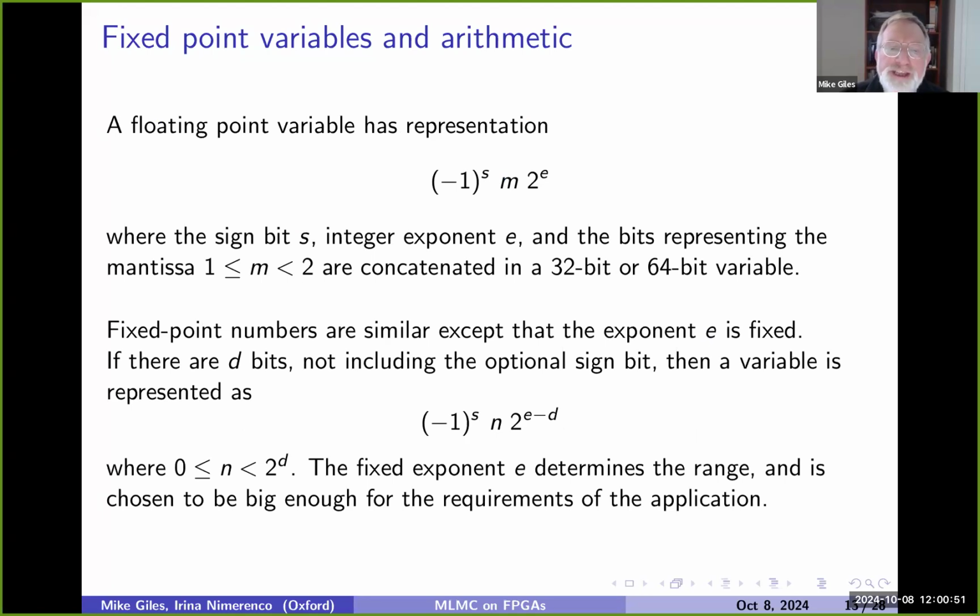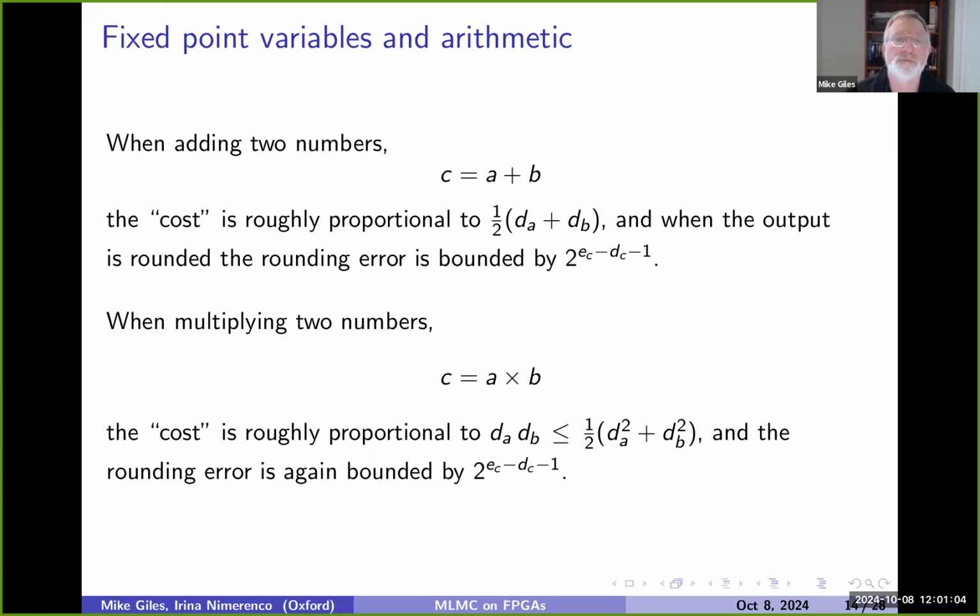Okay, so if we round to the nearest integer, then there's going to be a rounding error of 2 to the e minus d minus 1. And so that's where that's come from on the next slide. Okay. And that subscript c is just to say that this is the exponent and the bit width for variable c.